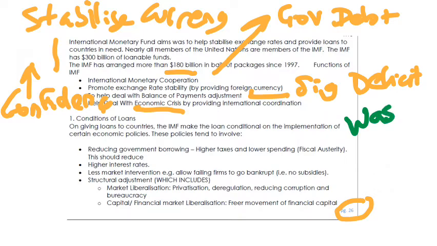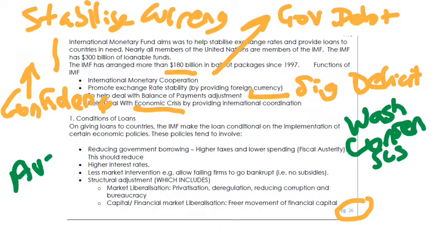So even if you use the loans to stabilize your exchange rate, you would have to be involved in some kind of market liberalization, trade liberalization, and austerity, so that you are given these loans on the conditions that you will reduce your debt in future.